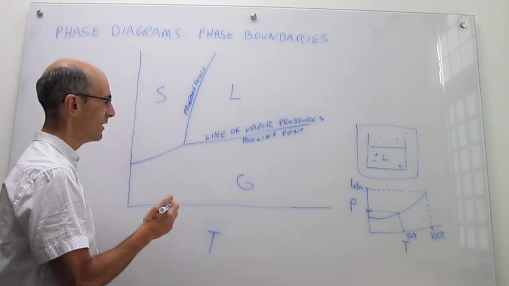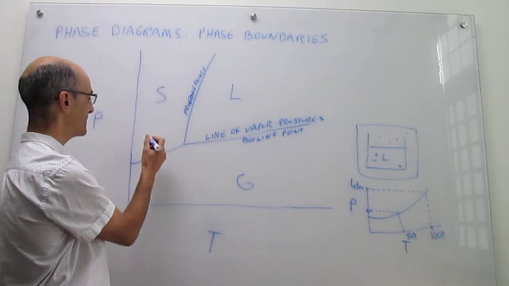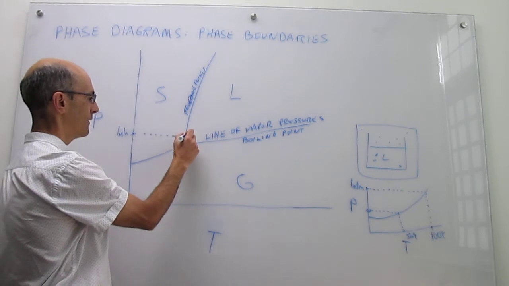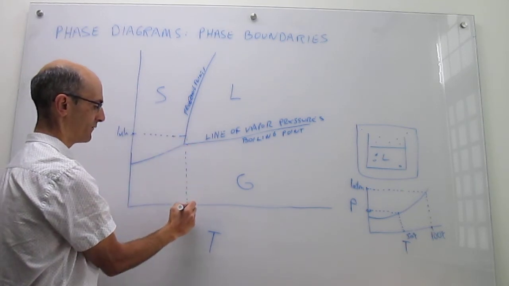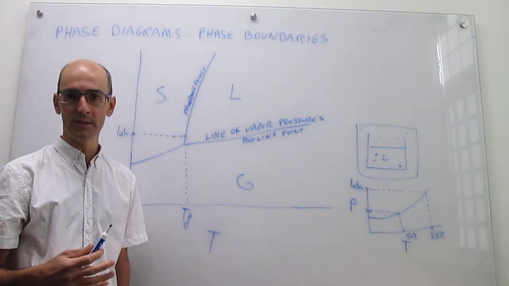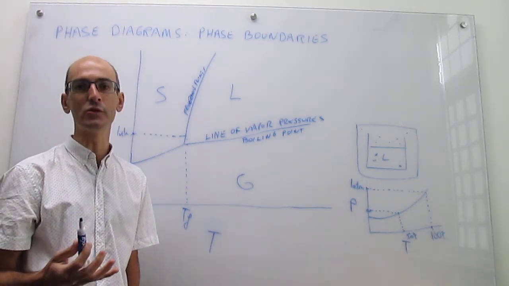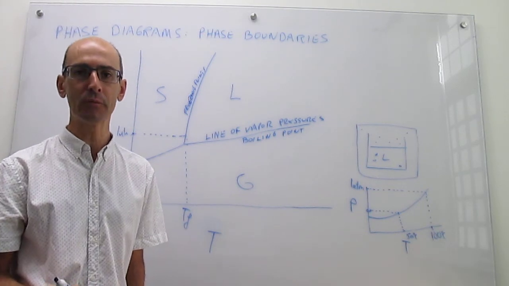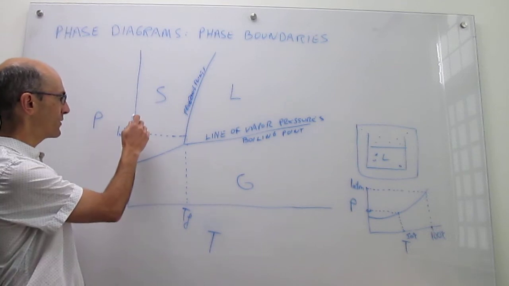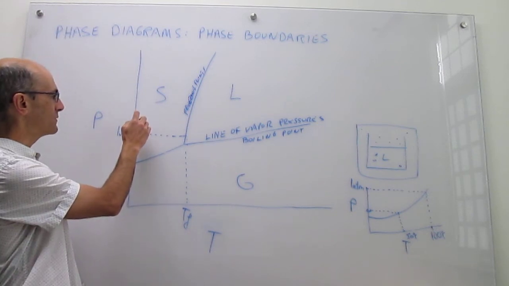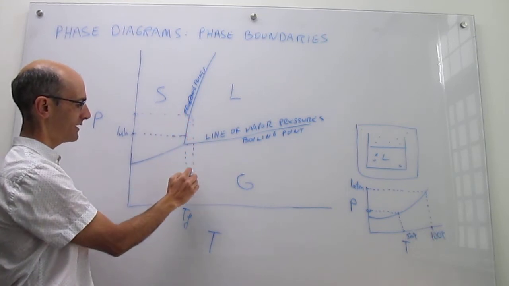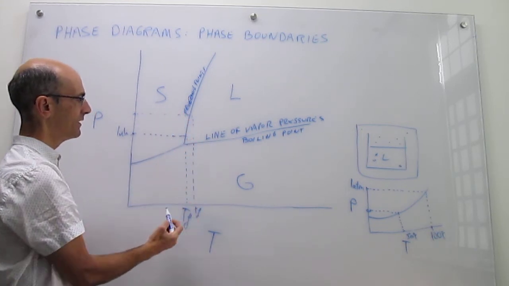So here, what you see is that if you are at maybe 1 atmosphere of pressure, which will be this point, this is what we call the normal freezing point, T sub F normal. But as we have learned in other videos, you can change the freezing point with pressure. For this particular substance, if you were to increase the pressure, maybe double it to 2 atmospheres, the freezing point has gone up a little bit, right?